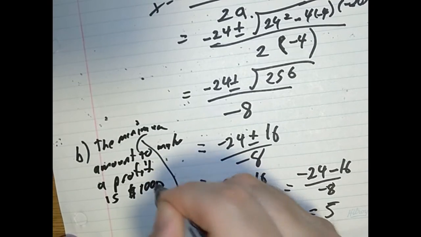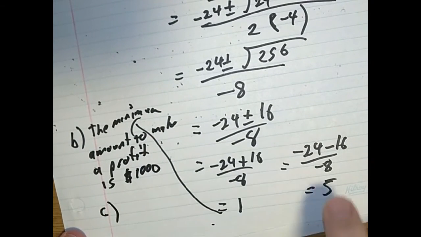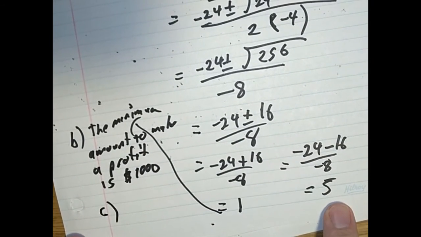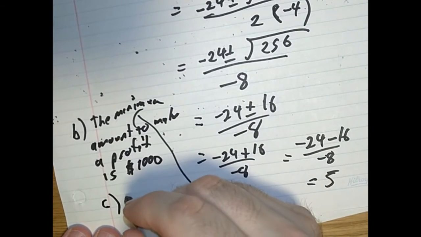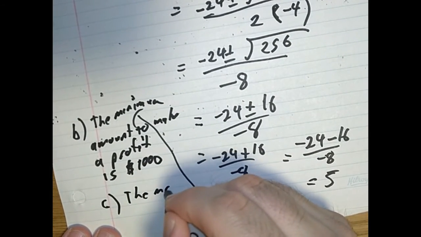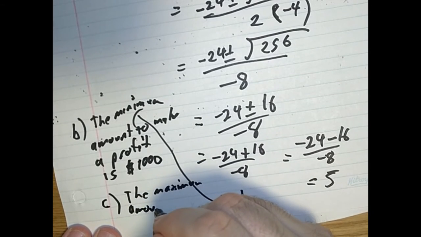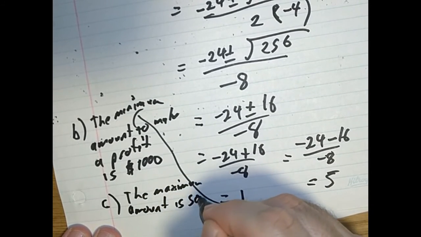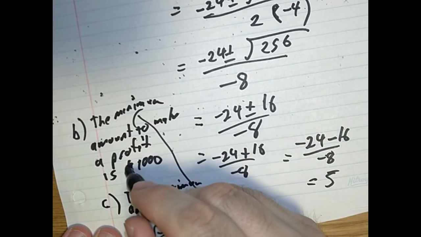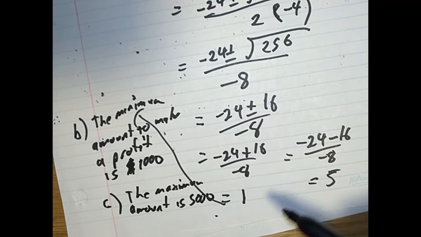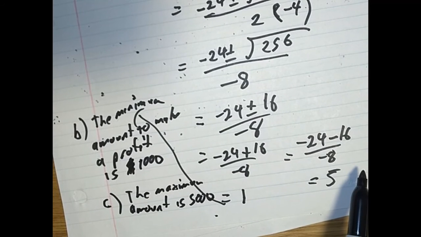And for C, the maximum amount is 5,000. If they go over 5,000, they can't make a profit. The maximum has to be between 1,000. So in order to make a profit, not dollars, 1,000, they have to sell between 1,000 and 5,000 t-shirts.